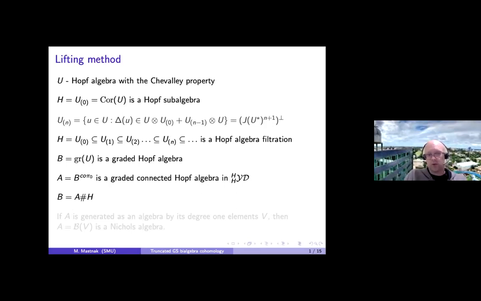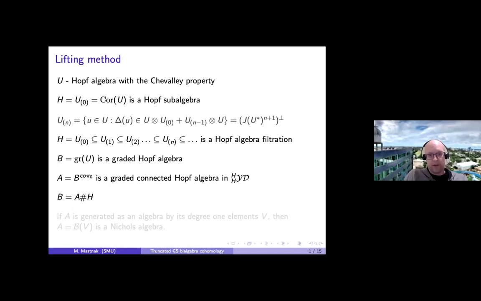But actually, the original idea goes way back into the 50s, where people were describing what co-commutative Hopf algebras look like. And of course, in that setting, we don't need to go into this category of Yetter-Drinfeld modules, because if this B was co-commutative, then the coaction of H on A is trivial, and so this biproduct is just a smash product, more or less a direct generalization of what a semi-direct product would be in group theory.